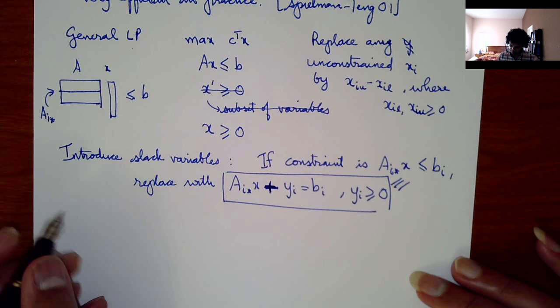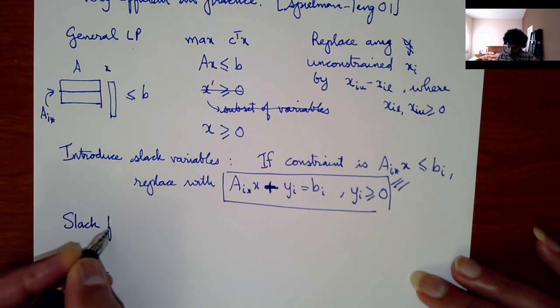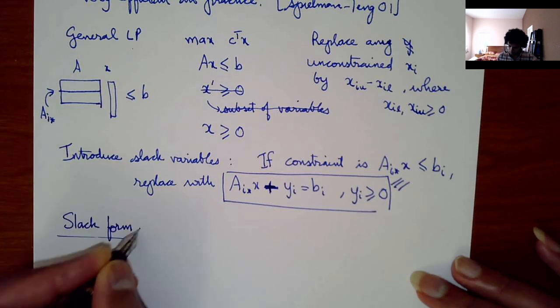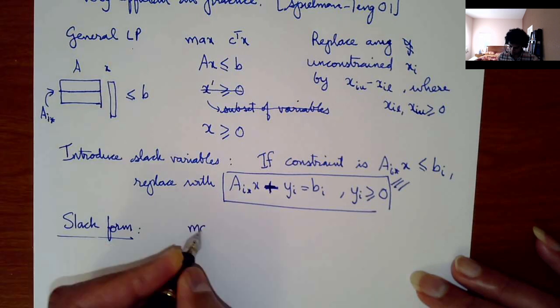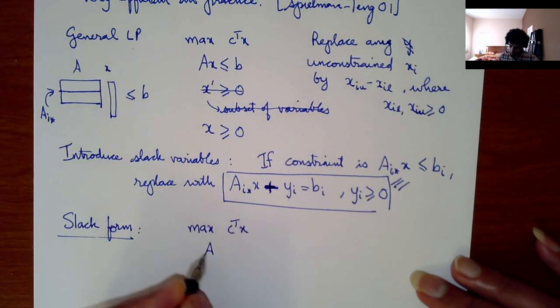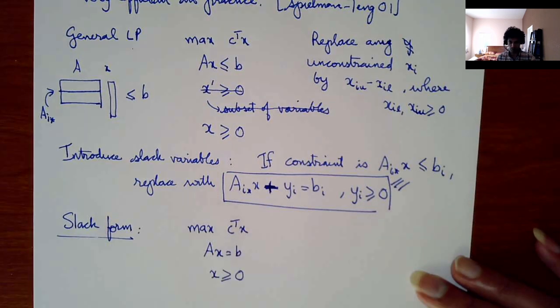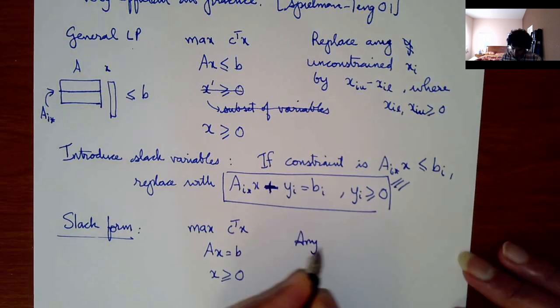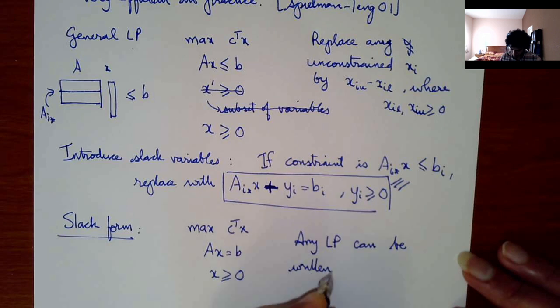I get what is called the slack form, which would be maximizing c transpose x, Ax equals b, x greater than or equal to 0. So any LP can be written in slack form.